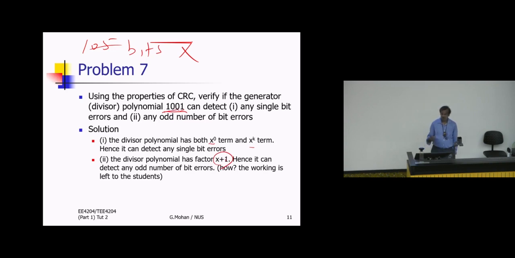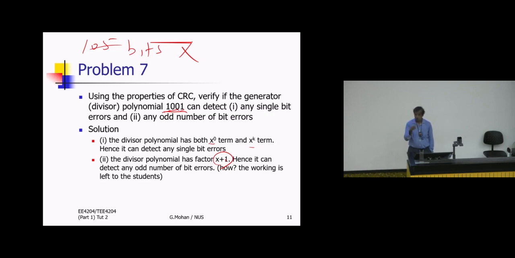So how do you find a factor? You need to divide and see whether you get 0 or not, right? When you divide, don't divide it in polynomial form. Try to divide it in binary, because we use modulo 2 arithmetic. Polynomial here is x power something plus, it can be plus or minus.